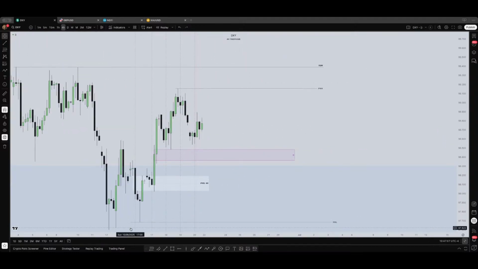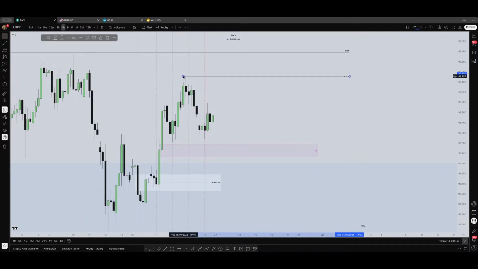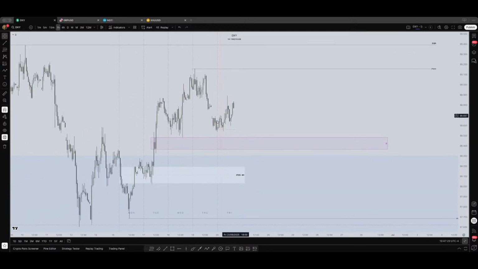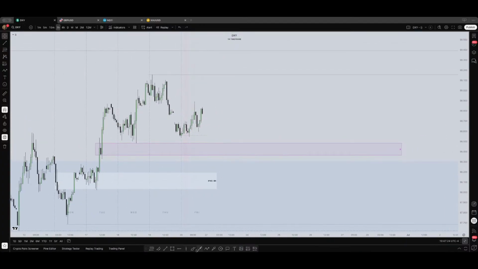If you go to lower time frames, you can observe the price action better, because 1 hour will be more than enough, even 15 minutes. In these lower time frames, you're expecting to see market structure shifts.